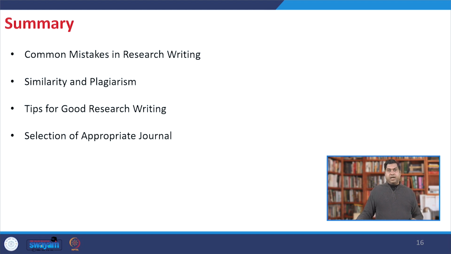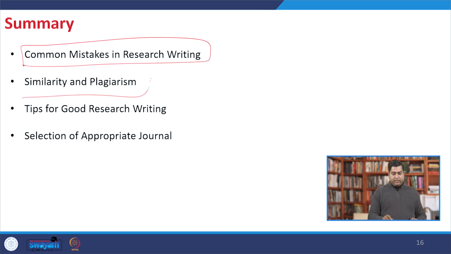Now it is time to summarize. I think this lecture gave you some nice insight into the common mistakes and how to rectify them. Then some important aspects you should be aware of about similarity and plagiarism while writing your research.